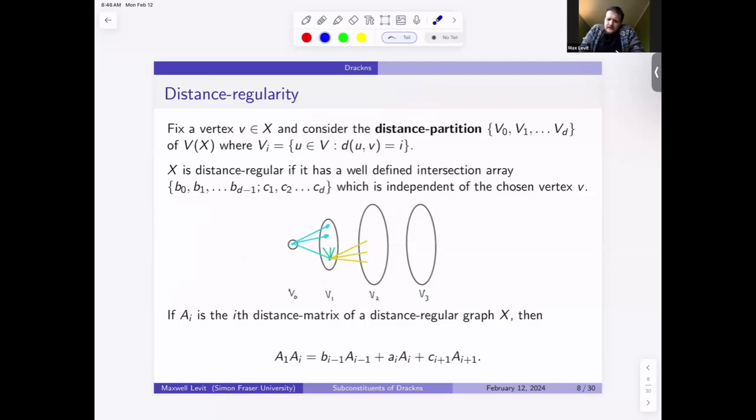Okay, let's go on now to distance regularity, and then I'll show a few more examples, and then I'll pause to ask for questions after that, to get some clarification. Okay, so the most salient definition of distance regularity for us is going to be this one where you build a distance partition.